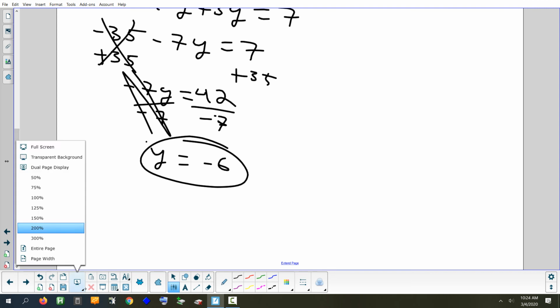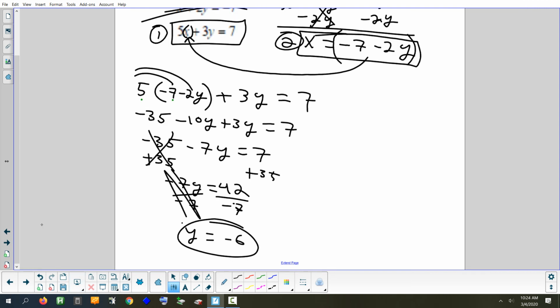Okay. So now we've got y. What do I do with it? Right, we're going to plug the y back in. Which equation do you think is easier? Because we got to find x. Should I plug it into equation 1 or equation 2?